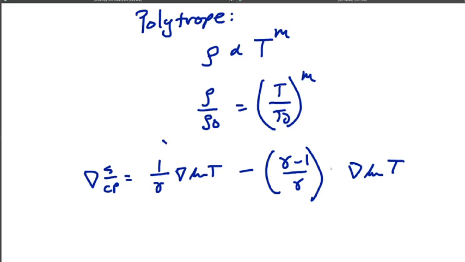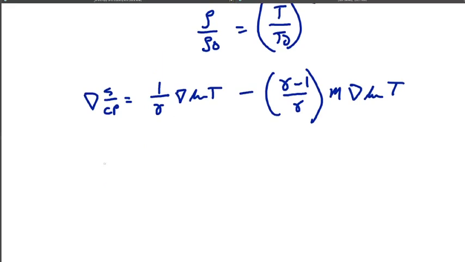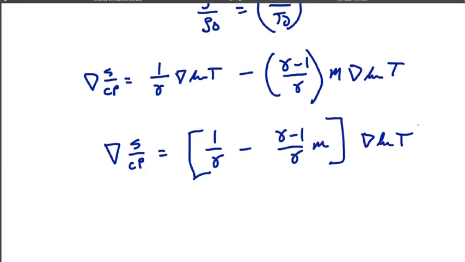Okay, so let's clean this up a little bit. So grad S over Cp is equal to the quantity 1 over gamma minus gamma minus 1 over gamma m, all times grad log T.